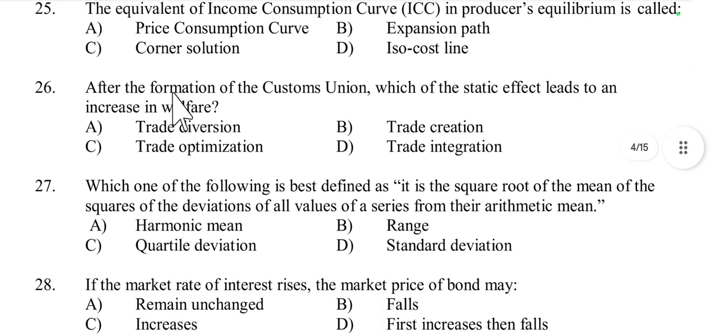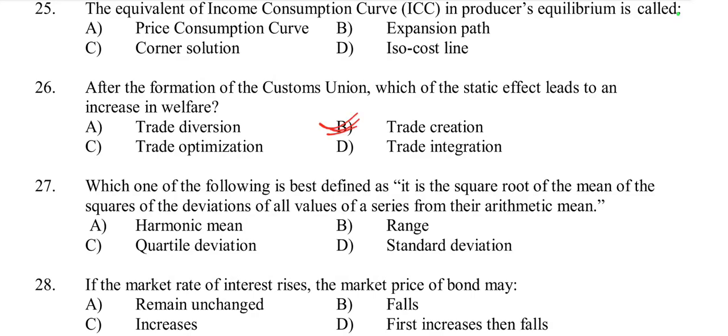Then question number 26. After the formation of the customs union, which of the static effects leads to an increase in welfare? Trade diversion, trade creation, trade optimization, or trade integration. So here, after formation of the customs union, trade creation leads to an increase in welfare.